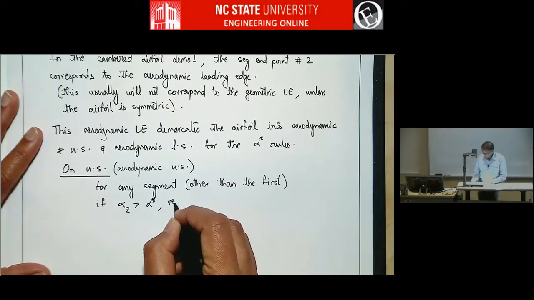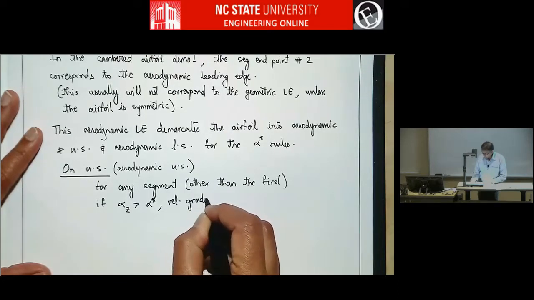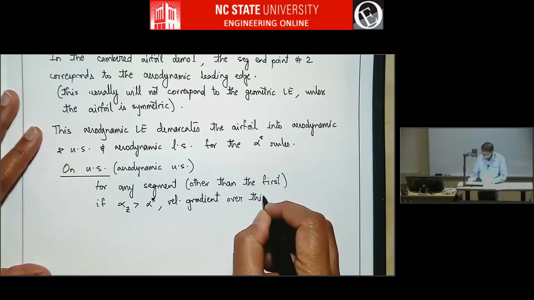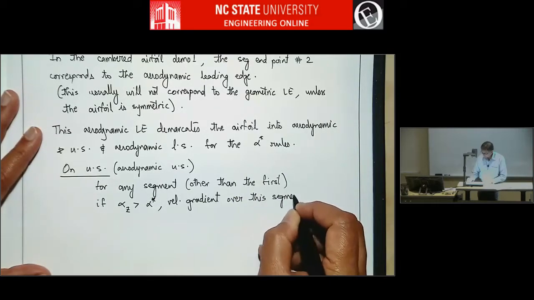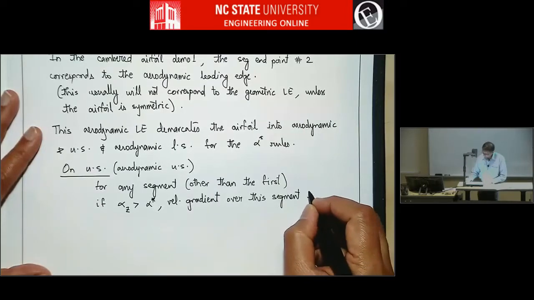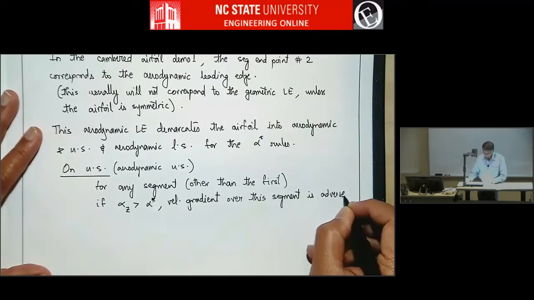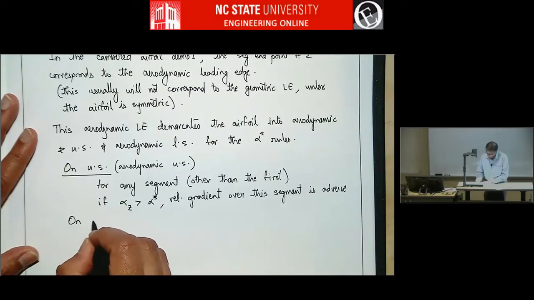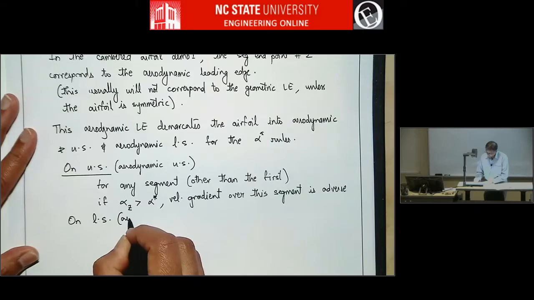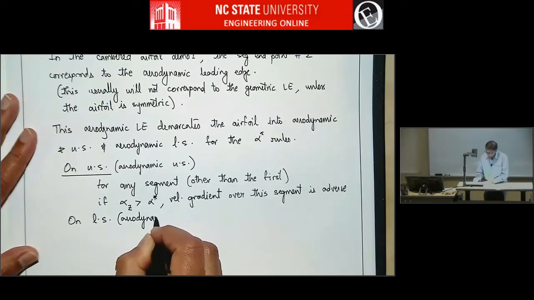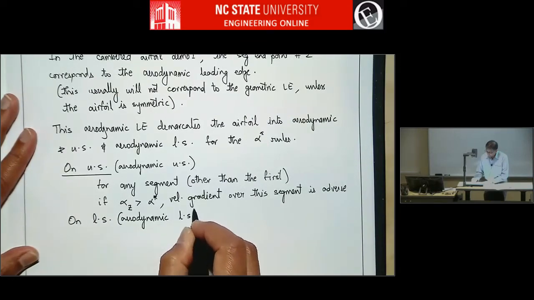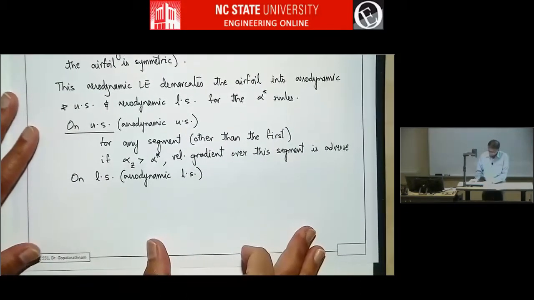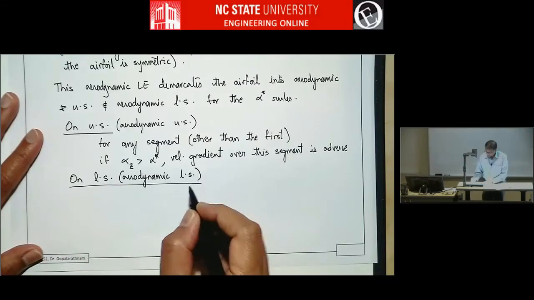On the upper surface it will be adverse, and vice versa. Whereas on the aerodynamically lower surface, the rule is opposite.